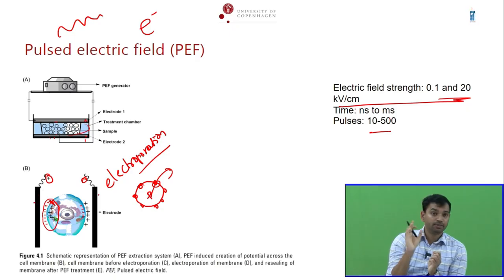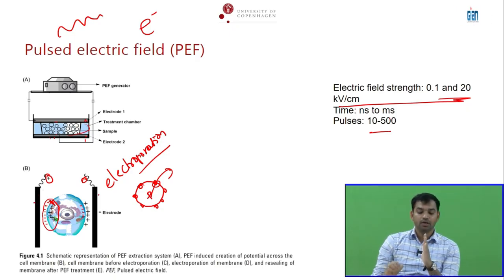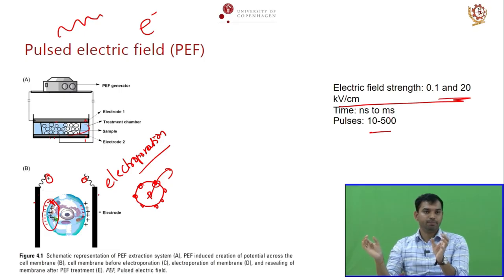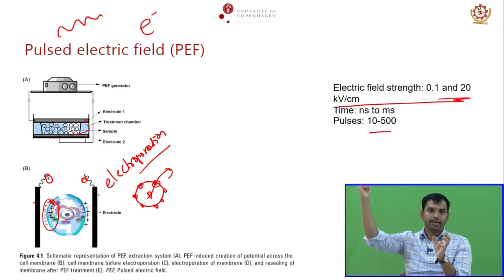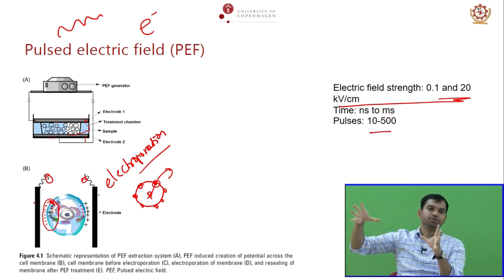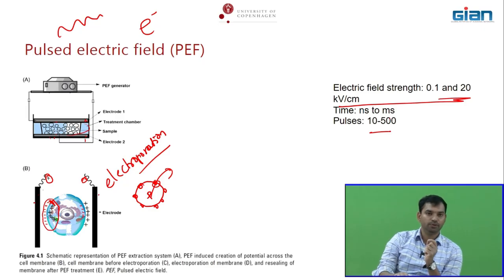I'm not talking about the cell wall here, it's the cell membrane, basically the plasma membrane. So there is a positive charge here and the negative charge here, and negative charge here and the positive charge. They have the transmembrane potential. And when you apply an external electric field strength over the transmembrane potential, they rupture. And the rupture actually gives the pore, the hole.